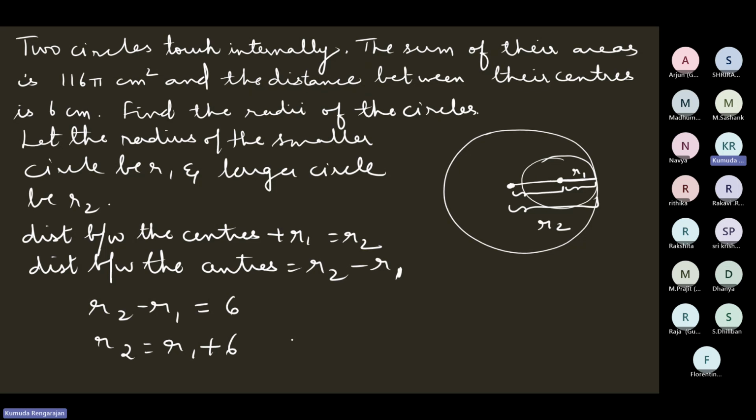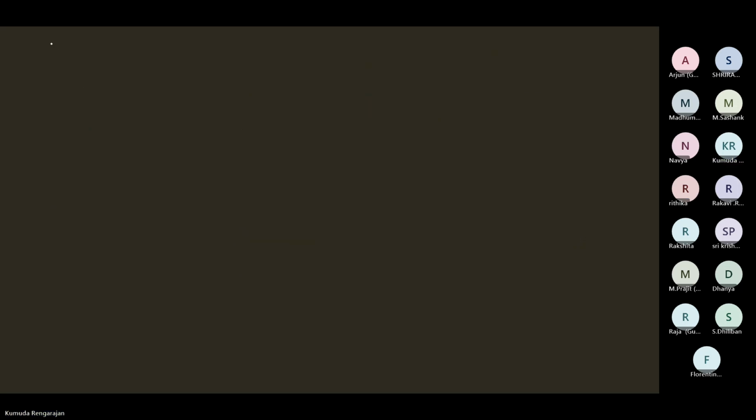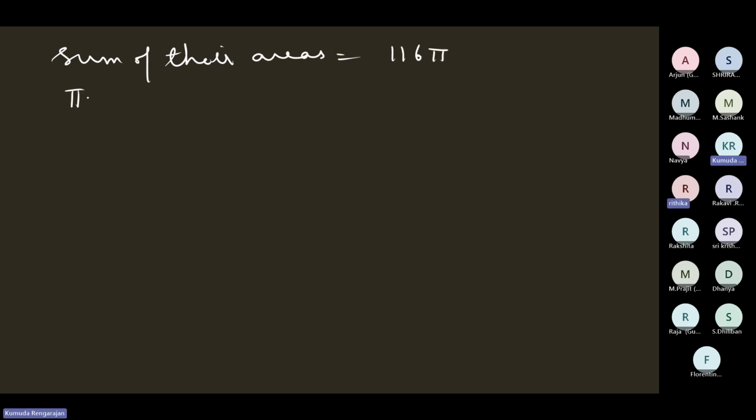Then the sum of their areas is 116 pi. So pi R1 square plus pi R2 square, the area of the smaller circle plus the area of the larger circle, is equal to 116 pi.